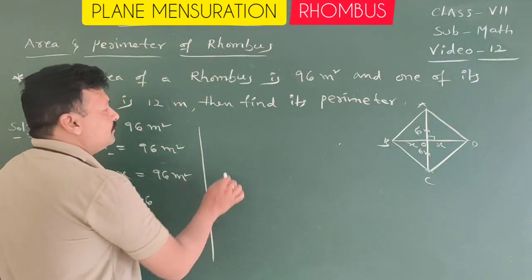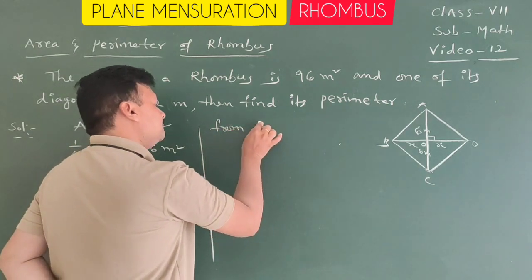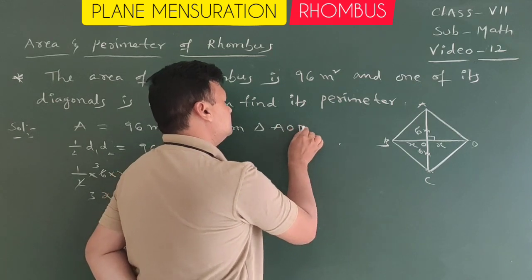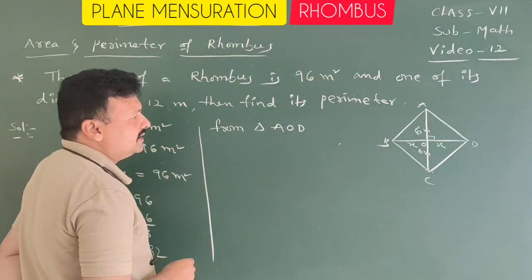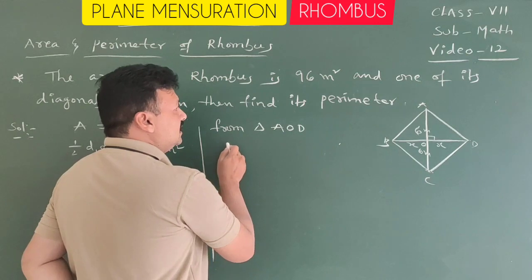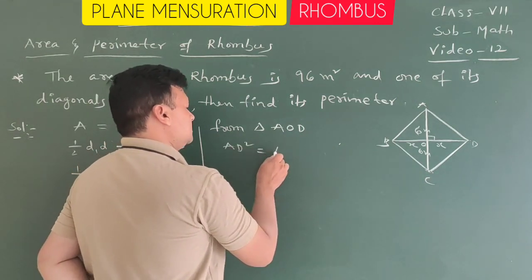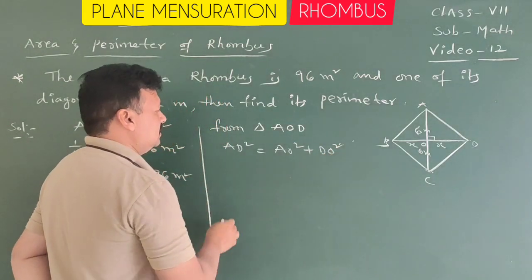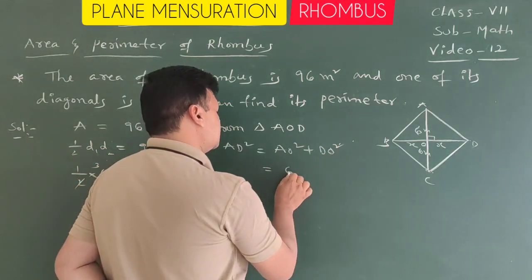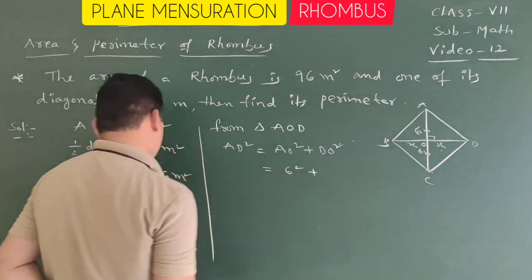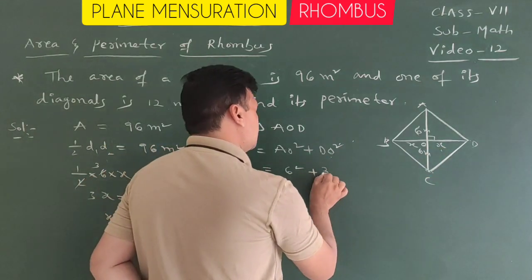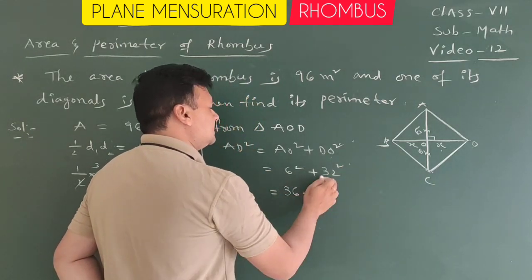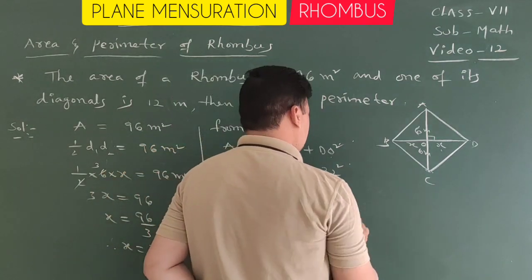From triangle AOD, here AD square equals AO square plus DO square. So AD we don't know. AO square is 6 square, DO now we got 32, so 32 square. 6 square is 36, 32 square is 1024.